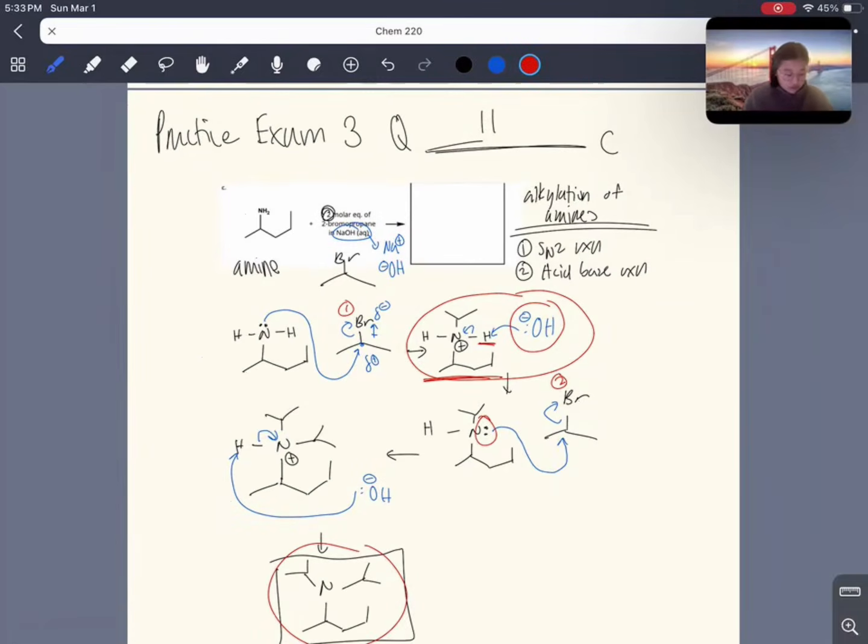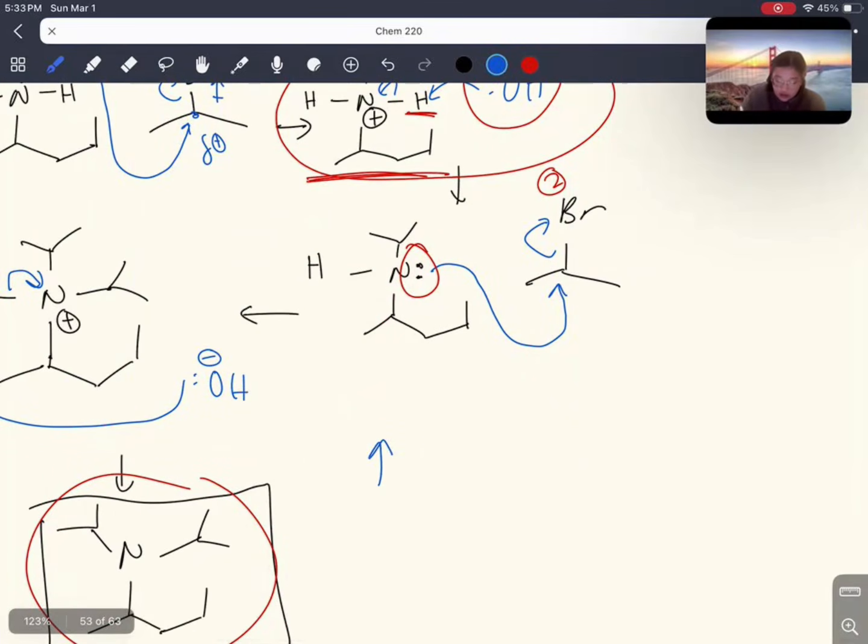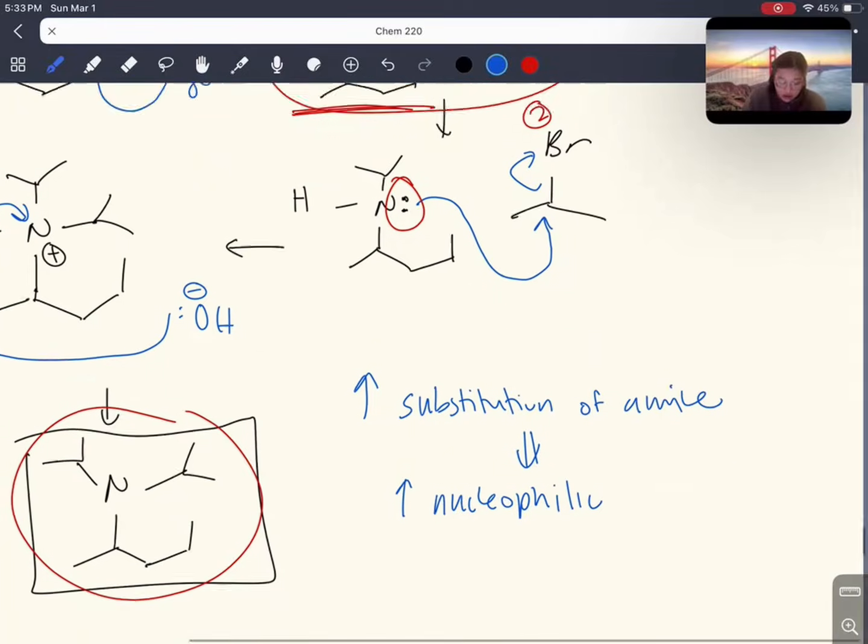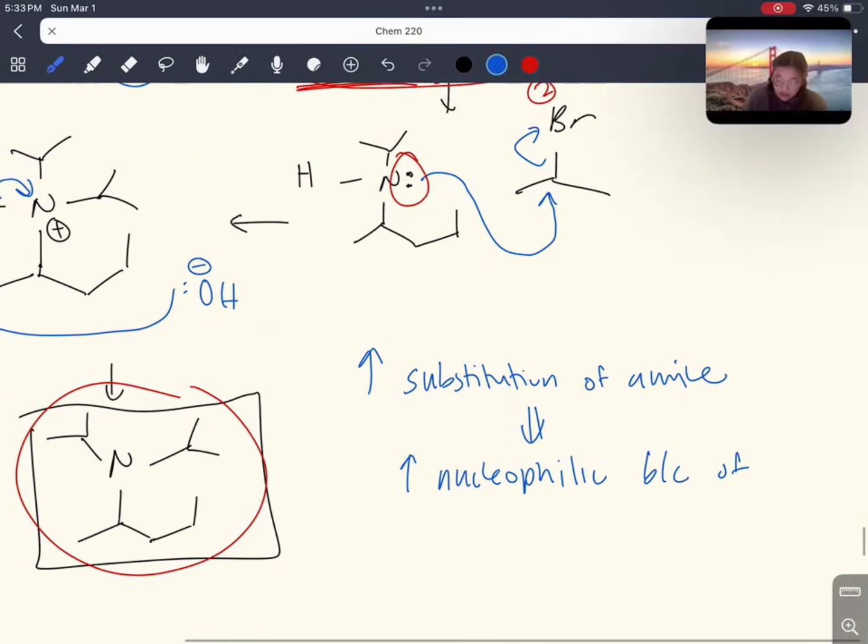Another thing to note about alkylation of amines, just a small detail about how alkylations of amines work, is that as you increase the substitution of your amine, that makes it more nucleophilic because of the electron donating alkyl groups.